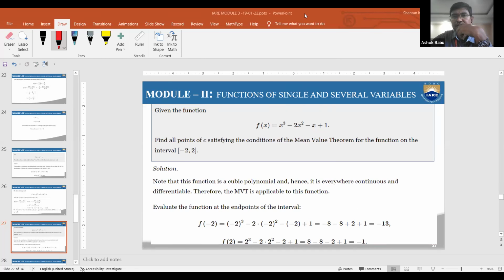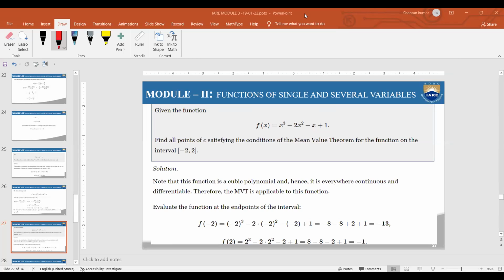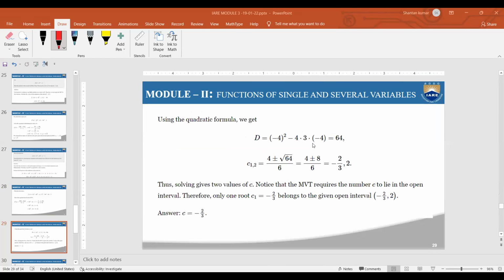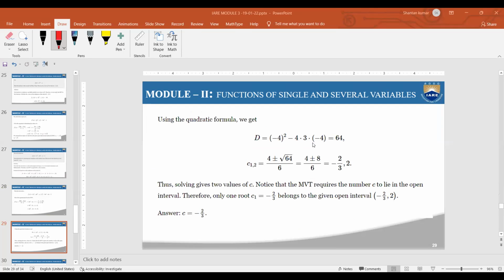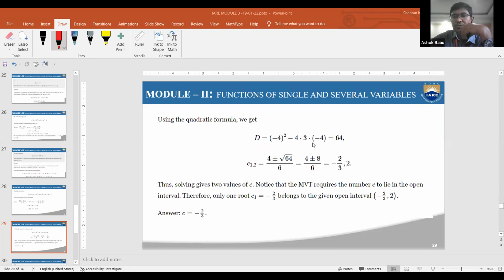Therefore, the 2 minus 4 minus 2 by 3 comma 3, Amma. Here minus 2 by 3 comma 3, minus 2 by 3 comma 2.